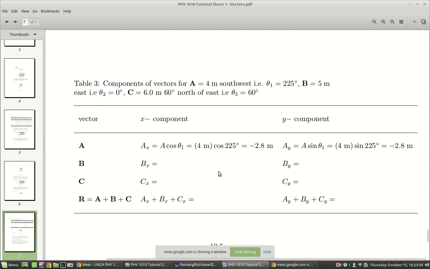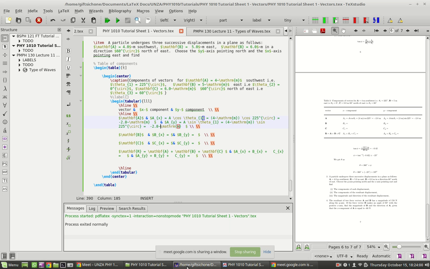Okay. Next, we move on to BX. How do you get BX? The magnitude of B cos the angle it makes, theta 2.